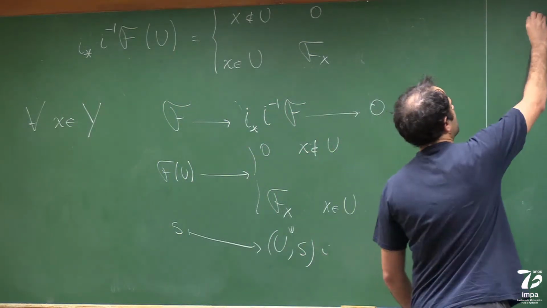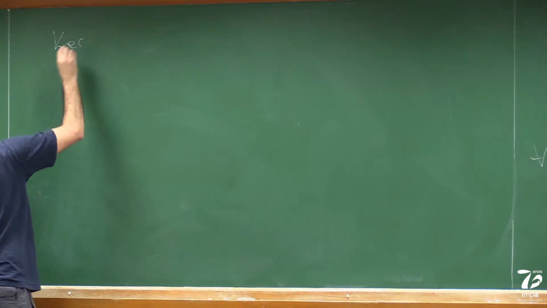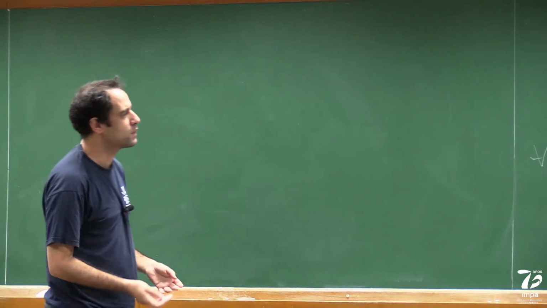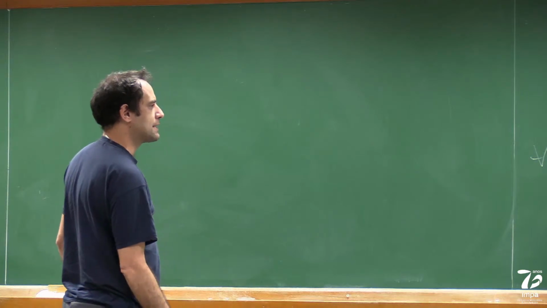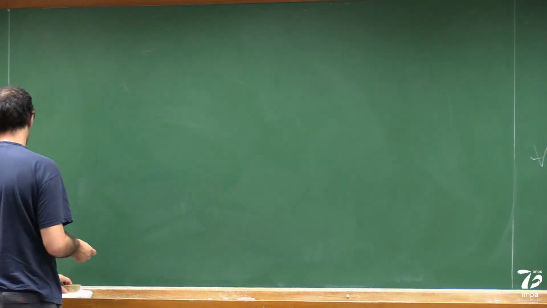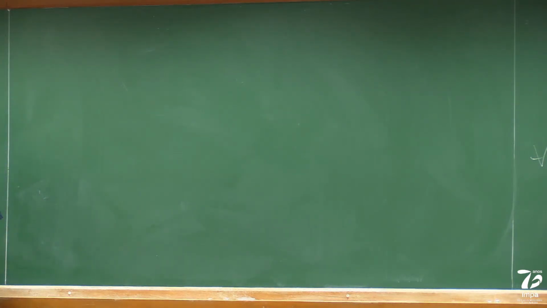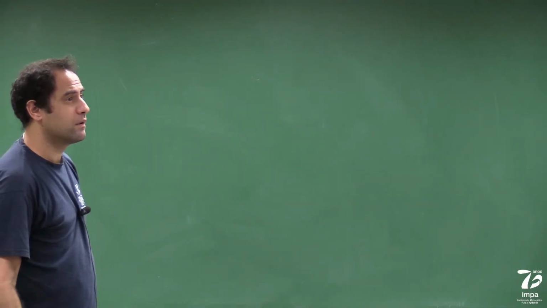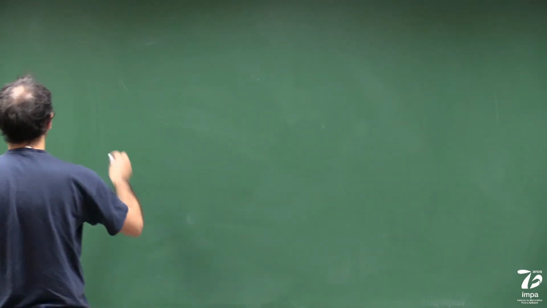So let's understand the kernel. And this is in general. It doesn't need to be a point inside of Y. So this works for any subset. So let's do this in general. I won't have time, so let me state it.